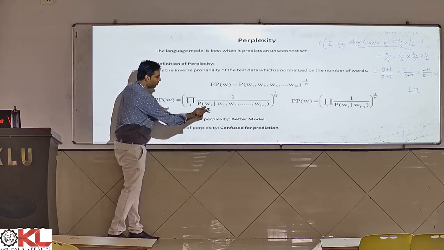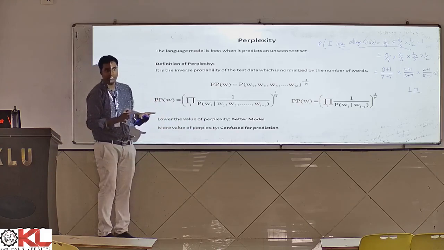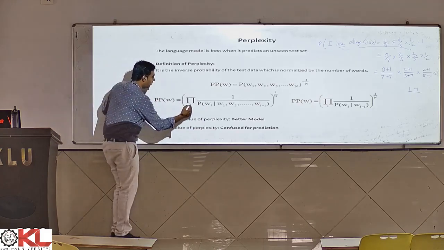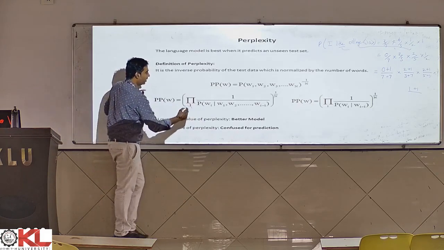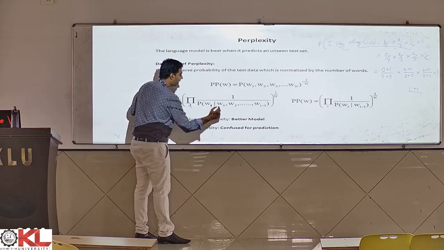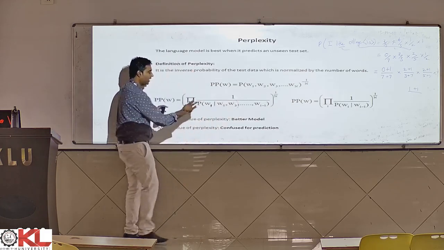This formula, I hope you remember, is the general formula written for a language model. If it is a 2-gram model, here it will become 2: W of i, that means W of i minus 1 and W of i. It will stop here for the bigram model.